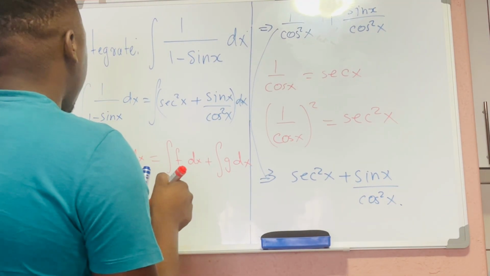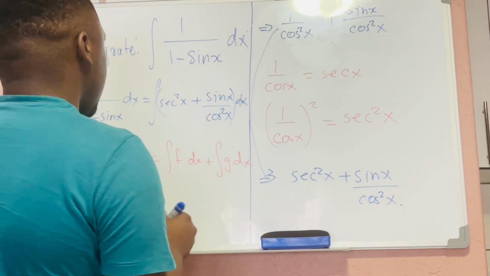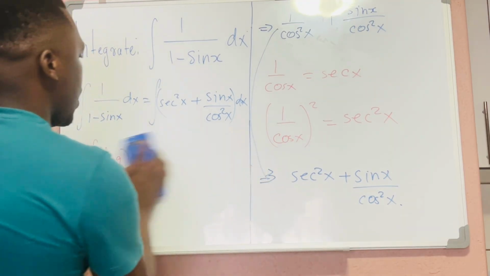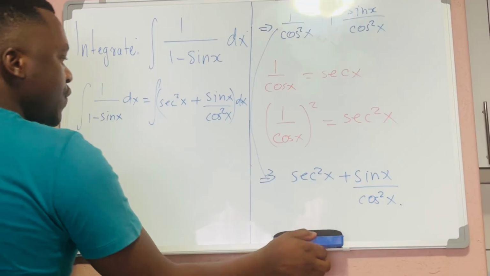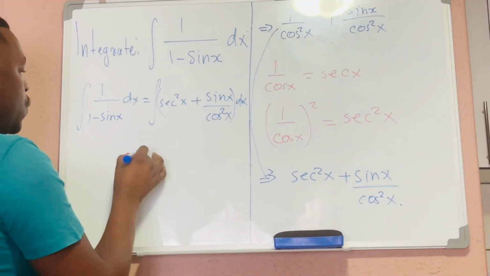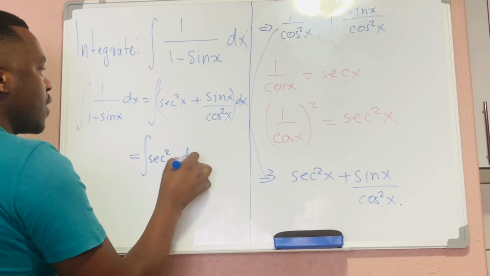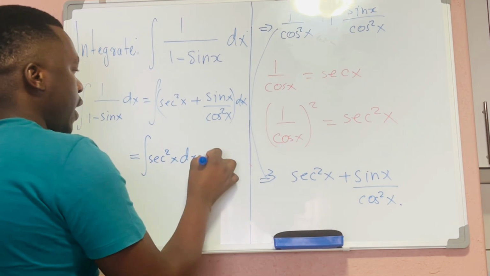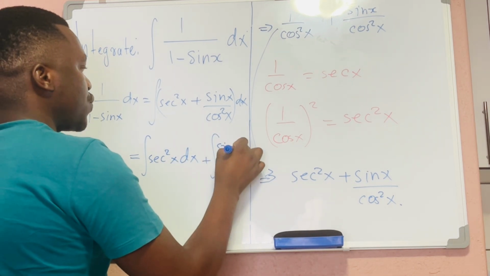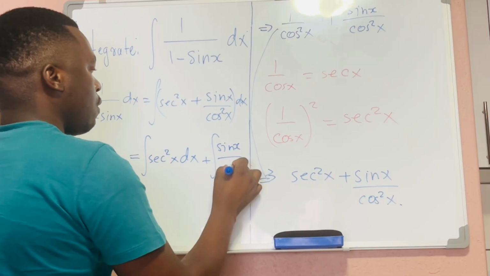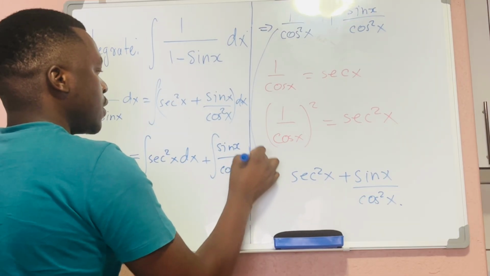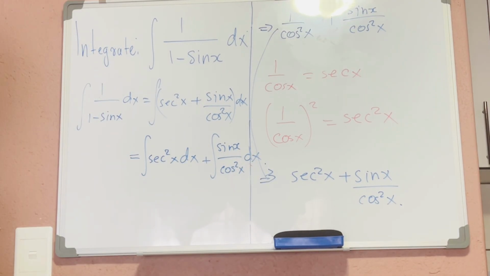So I'm going to apply that here, and then I'm going to say this is equal to the integral of the secant squared of x dx, then add the integral of the sine x over cosine squared of x dx. So this is what I have, right?